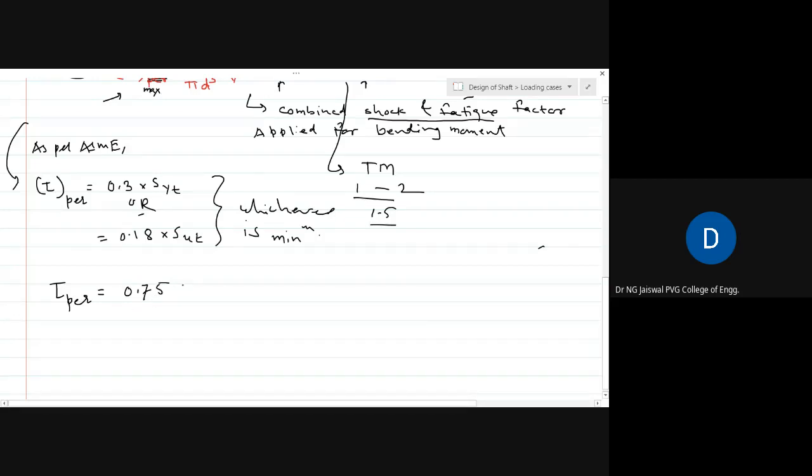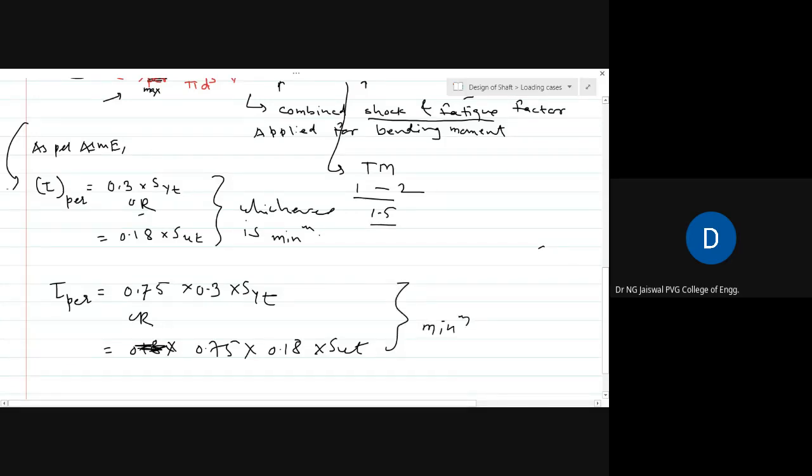That is 0.75 into 0.3 into SYT, or 0.75 into 0.18 into SUT, whichever is minimum out of these two. What is different between this set of equations and that set of equations?